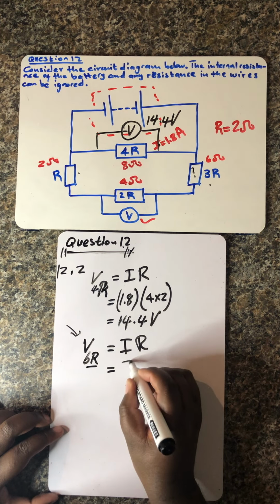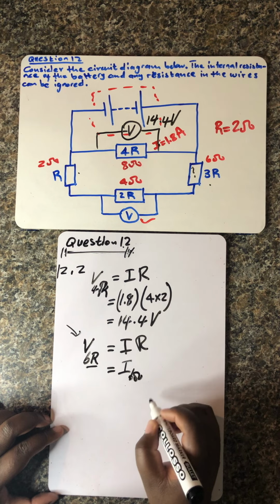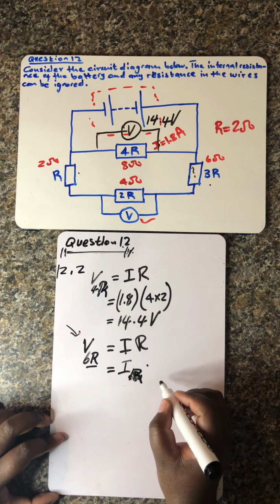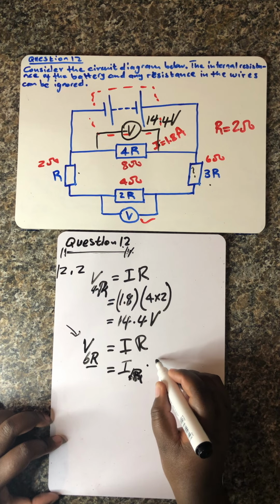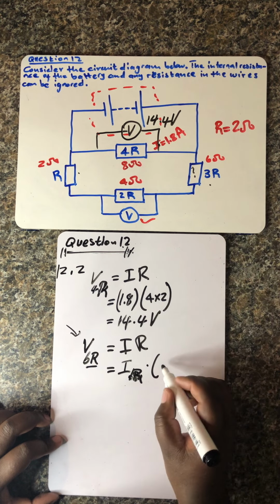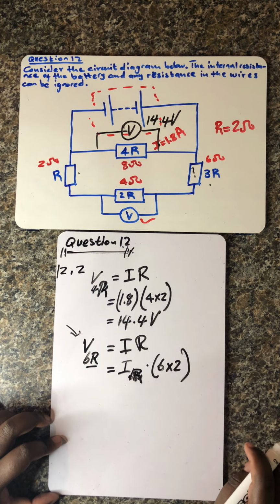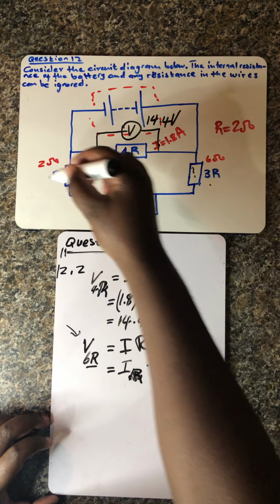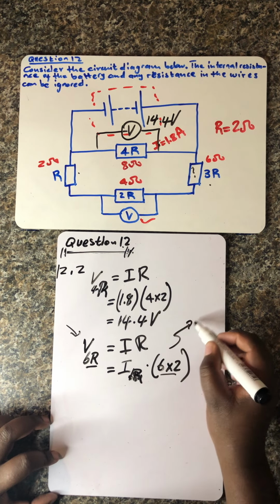This is what we're looking for: the current flowing through the 6R, multiplied by what is that R? Obviously we know, guys, that it's actually 6R multiplied by 2. Do you agree, ladies and gentlemen? So 6 times 2 is equal to 12.